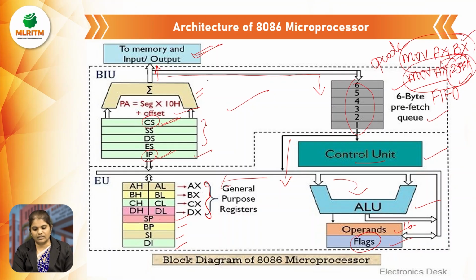Both will be moved into this unit where the calculation is done, pointed to the memory, and the data is fetched into the prefetch queue, which works with FIFO logic, first in, first out.